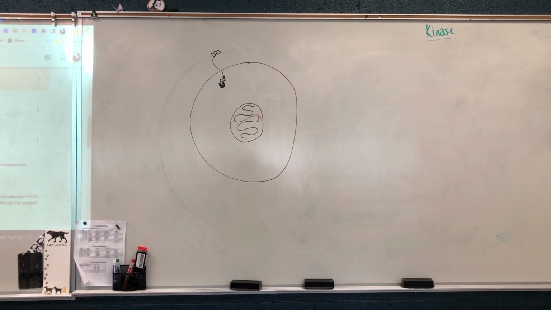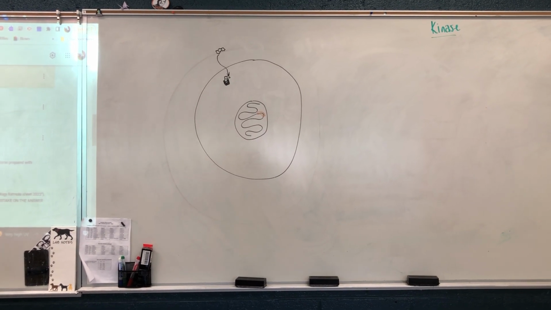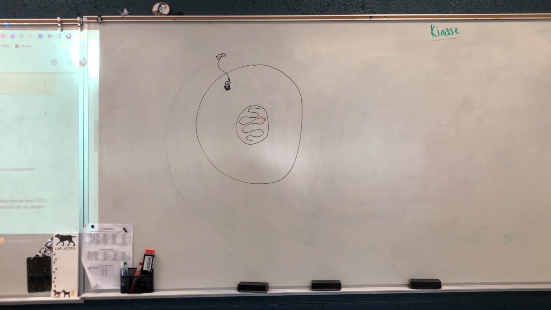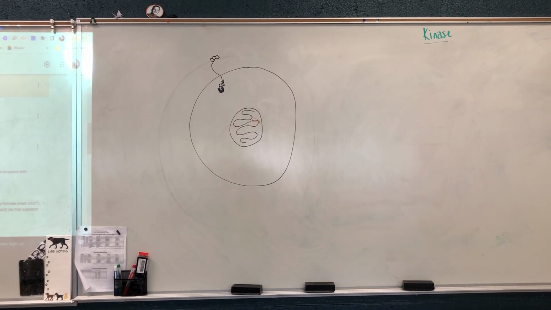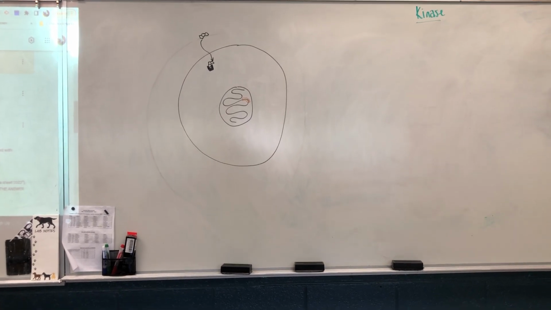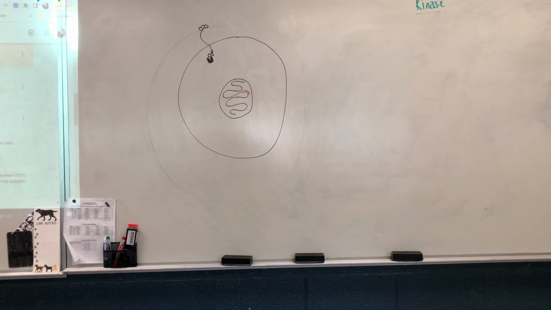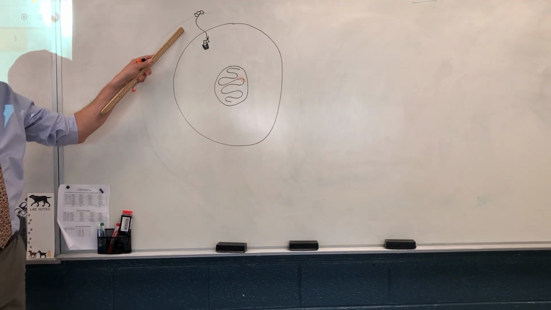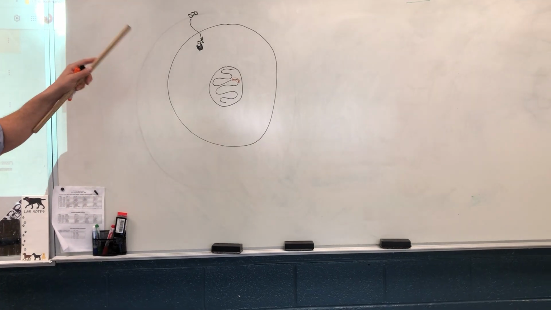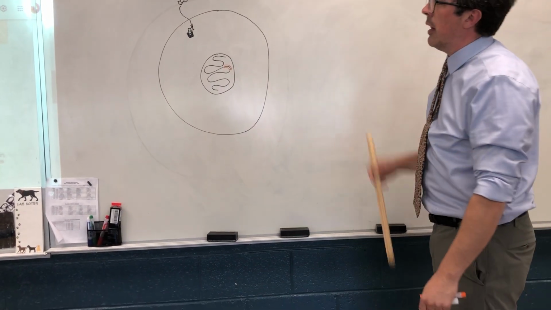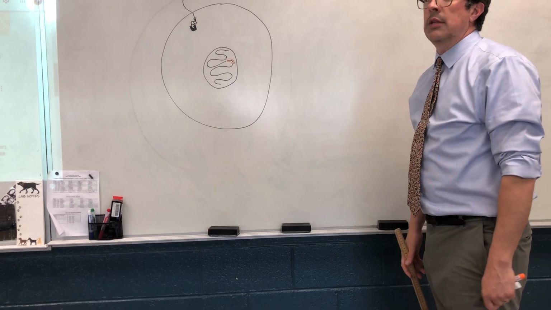What can we tell about that signaling molecule? What do we know about its properties? Joyce, you can answer if you want. I can tell a few things about the makeup of this signaling molecule because of how it's behaving. Nick?